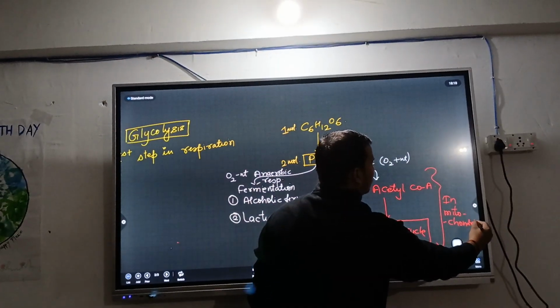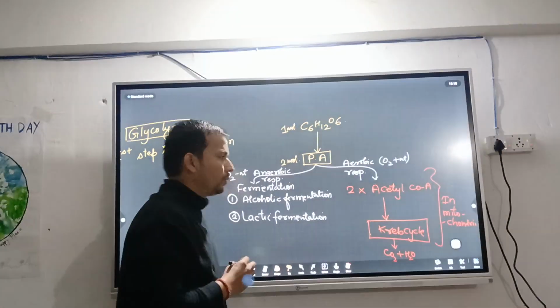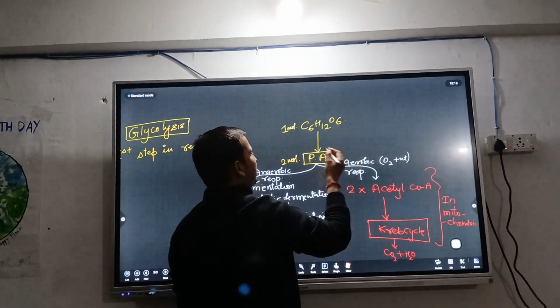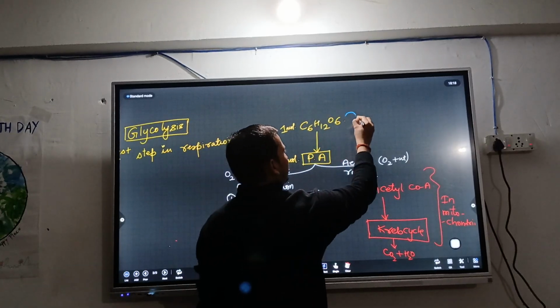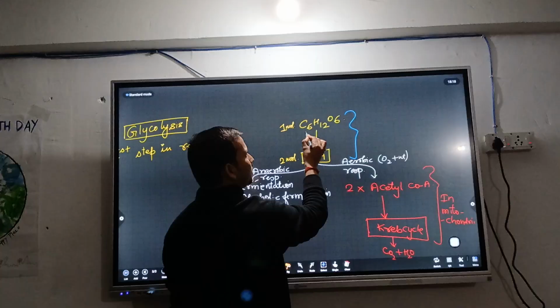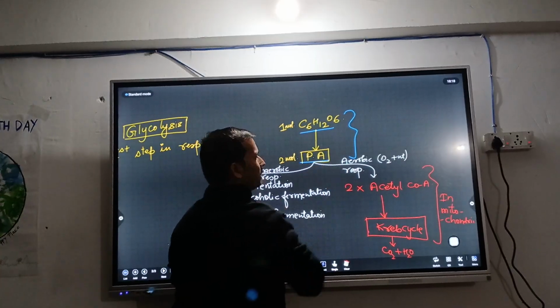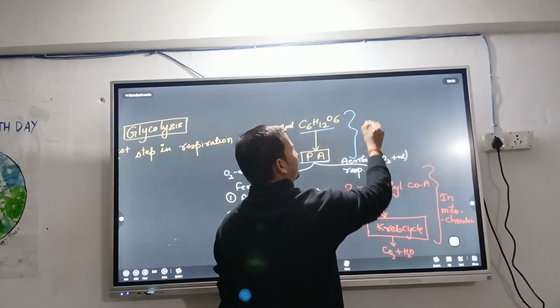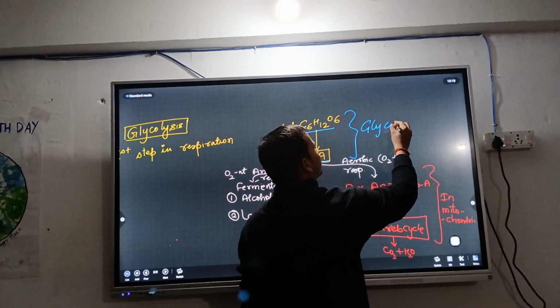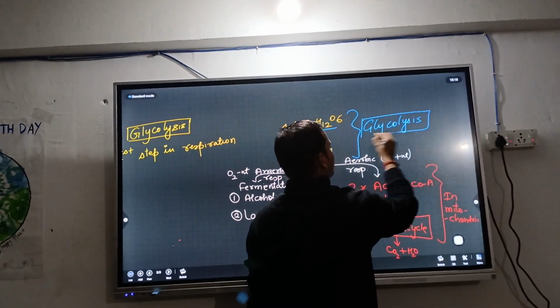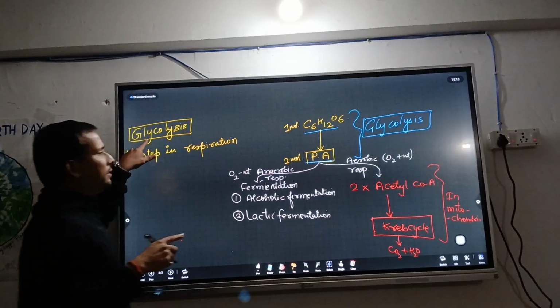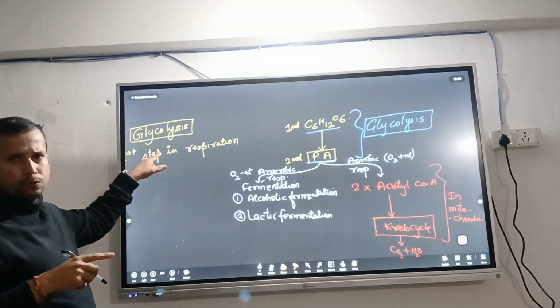Is this red color visible? Okay. Next you will see, student, that from here to here, this glucose converting into pyruvic acid, this process is called what? Glycolysis. Student, the same glycolysis I will be explaining in today's class.